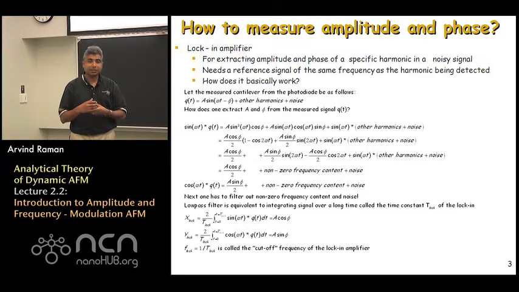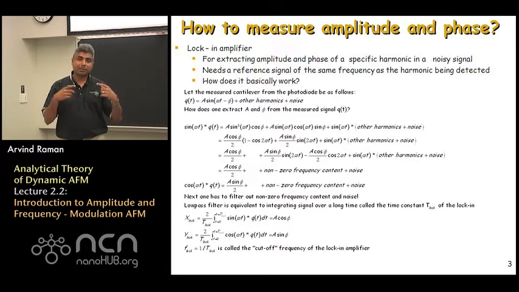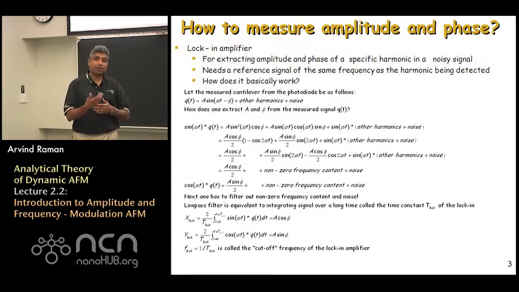Once you have these two signals, they're called the X and Y components of the lock-in amplifier output. You can get the actual amplitude by multiplying by 2 and squaring and adding X lock squared and Y lock squared. And the phase is simply the arctangent of Y lock divided by X lock.